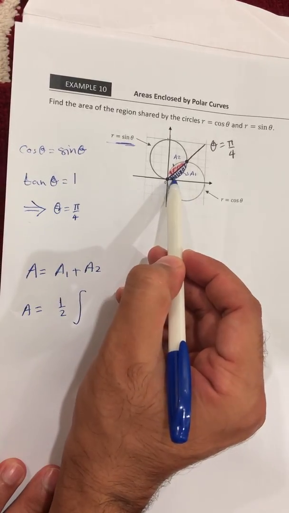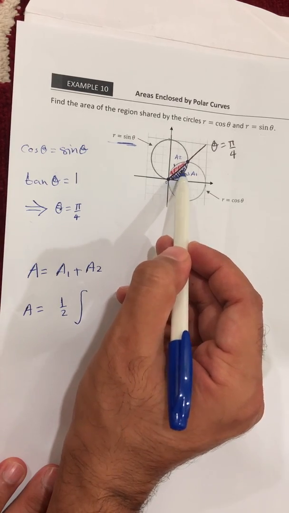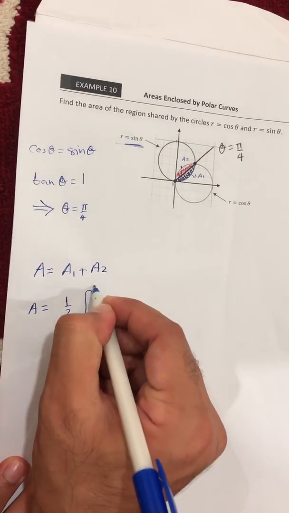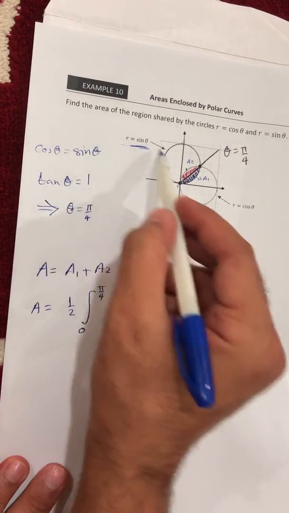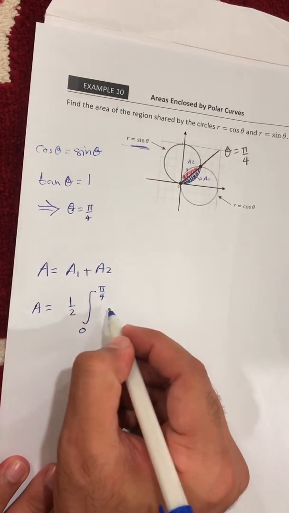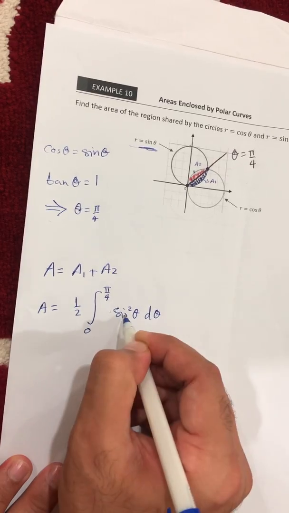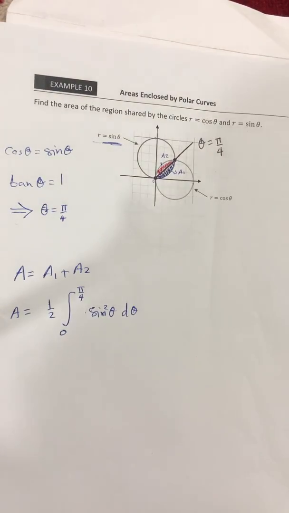Now, theta for the blue region runs from 0 to pi over 4, under the polar curve r equals sine theta, so we get r squared, so sine squared theta d theta. So this is A1.